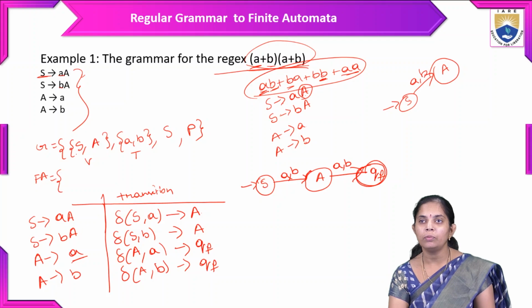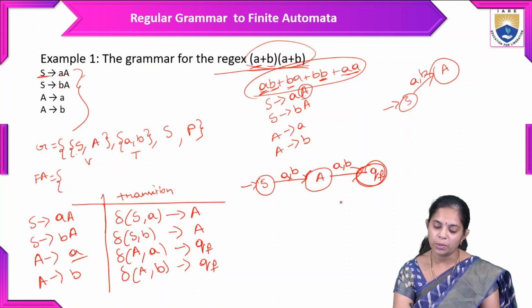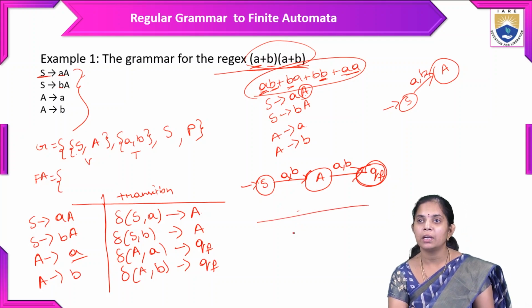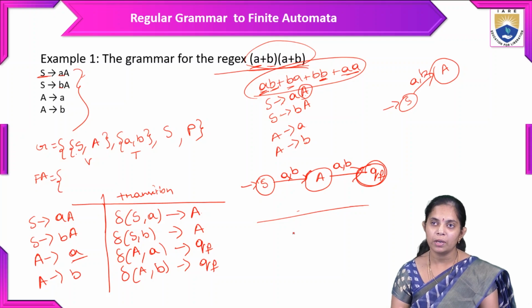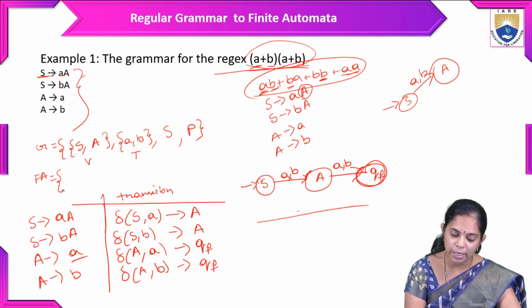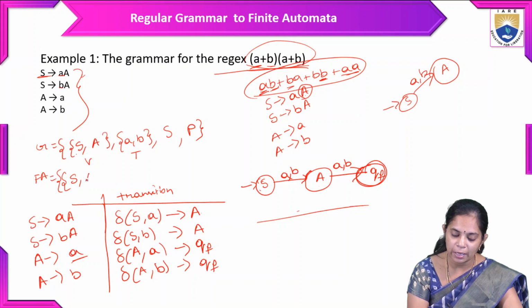So this is how we convert the regular grammar into a finite automata. This is the grammar, and for the given grammar we are converting it to a finite automata. After this we will write the finite automata. How many states are there? We have 3 states, so I will write A, Q, F, and the terminals sigma.